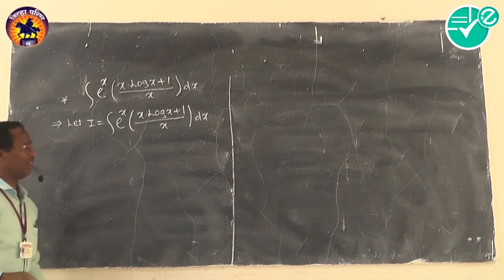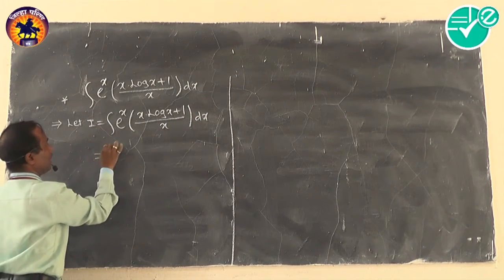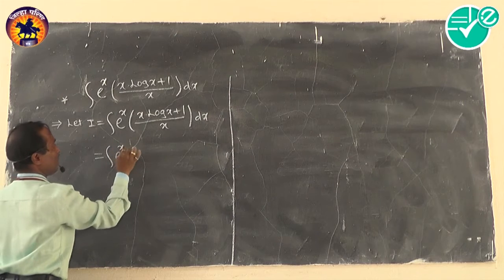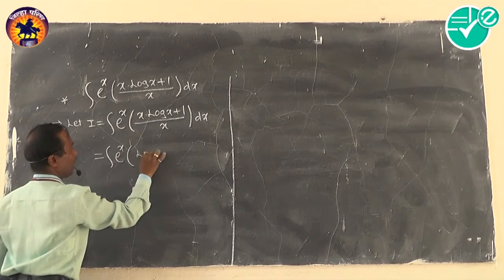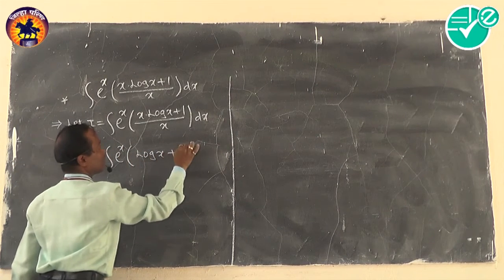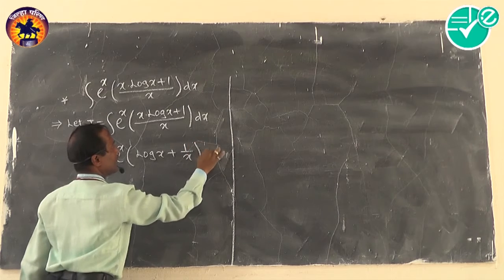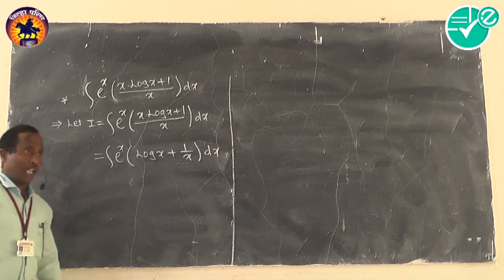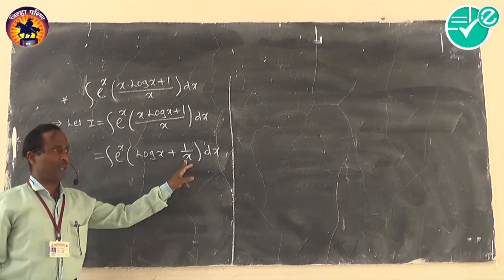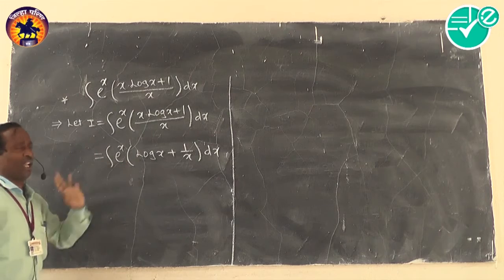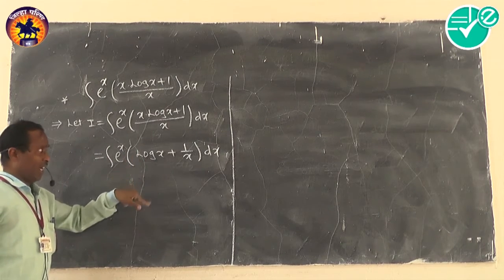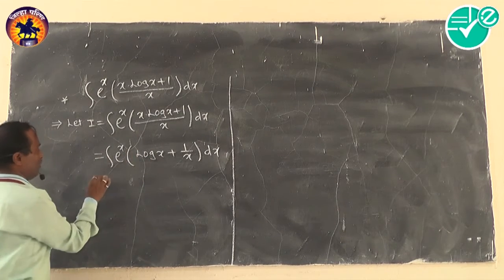Now separate the divide. We get integral of e to the power x into (log x plus 1 by x) dx. So the derivative of log x is 1 by x, but the derivative of 1 by x is minus 1 by x square. Means here the derivative of log x is 1 by x.